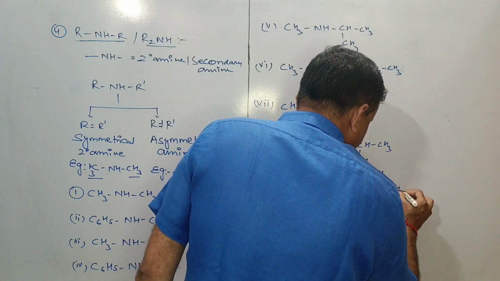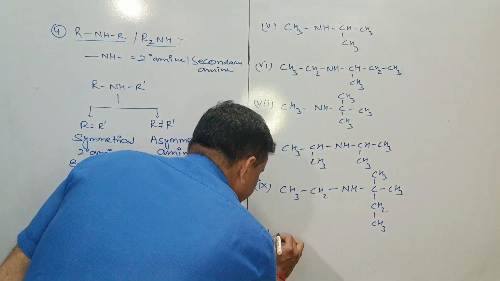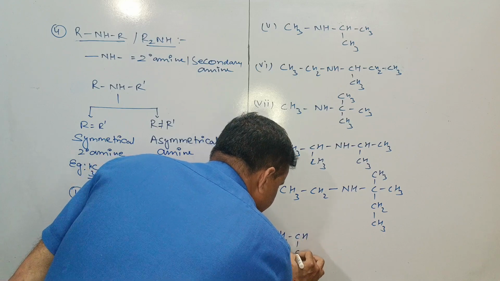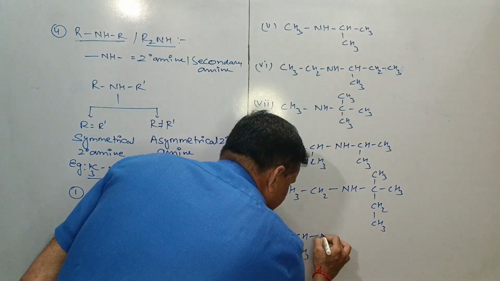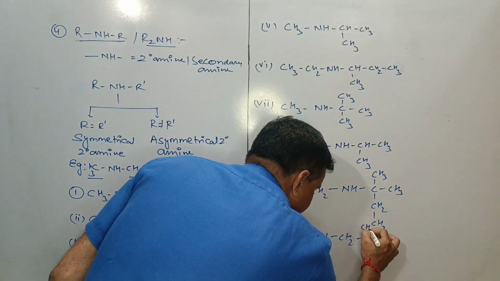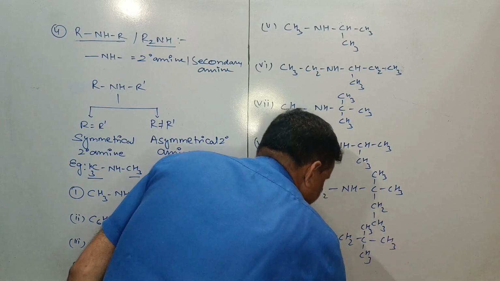This is also CH3. If you go with the further 10th example, then this is the CH3, CH3, this is the N, CH2, CH3. This is the CH3 and this is the CH3.